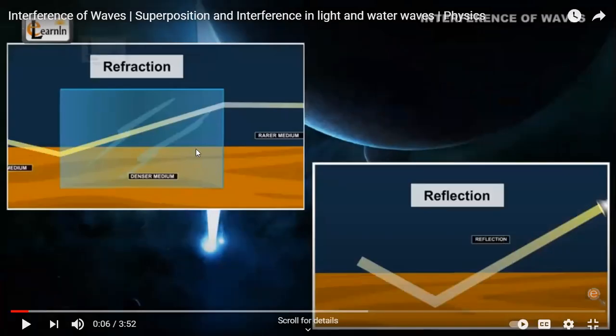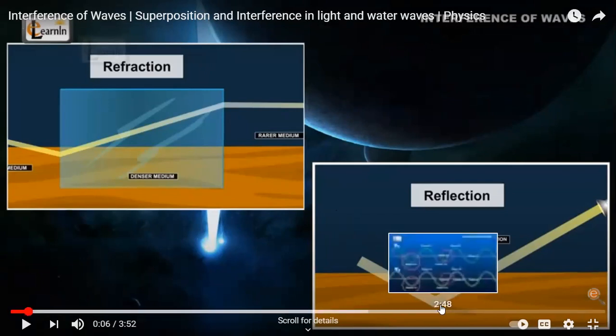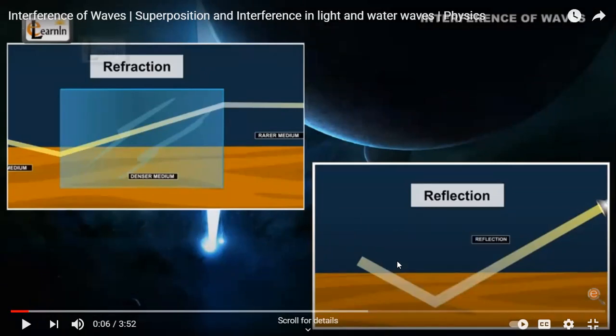You see, here both reflection and refraction are being represented. These two are also properties of light. Reflection will take place within the same medium, whereas refraction will take place when it is traveling from one medium to another medium. You can observe here two mediums are there.